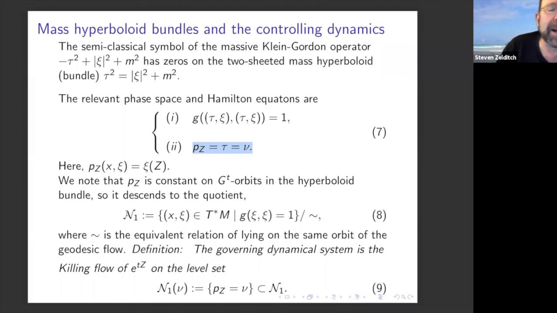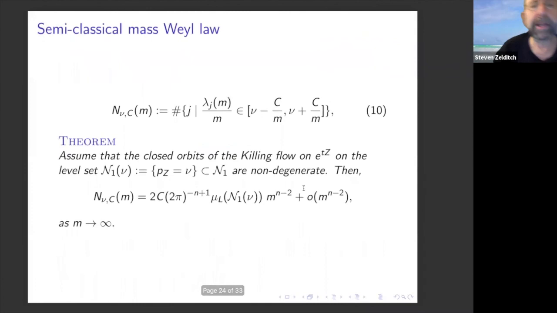So N1 is like massive geodesics of mass 1. It's a little complicated how we work it out. So let me just try to explain in words that the governing dynamical system is the Killing flow on the space of mass 1 geodesics. So this is the main result in the massive case.